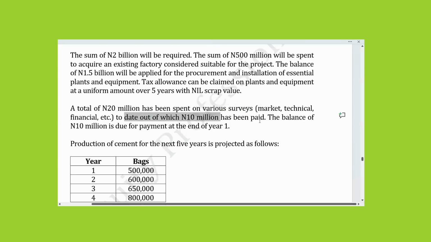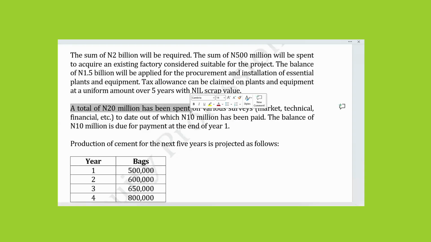An average student would think that, okay, since only 10 million has been paid, that means the balance of 10 million is relevant. When you do that, you are going to get it wrong, because the examiner told you that a total of 20 million naira has been spent on survey. All this activity has been completed before the project begins, because relevant cash flow must relate to the future, not the cash flow that has been incurred.